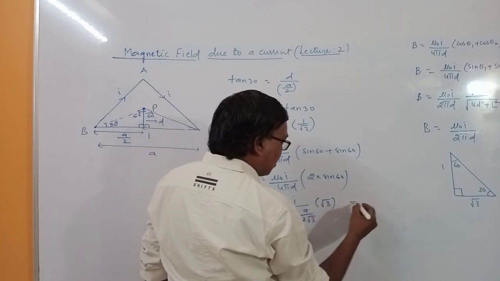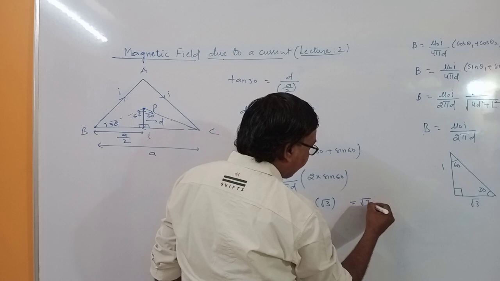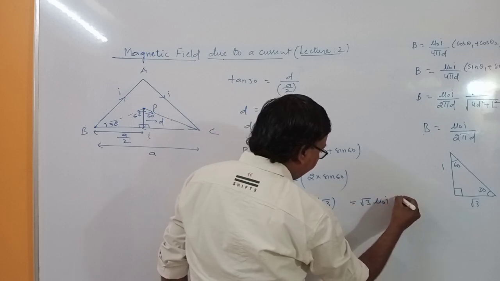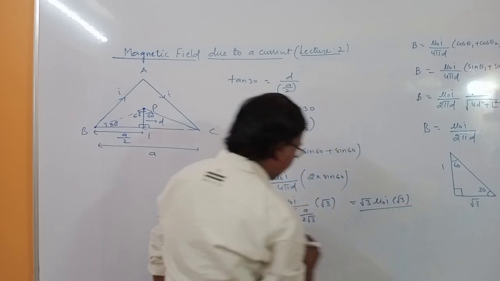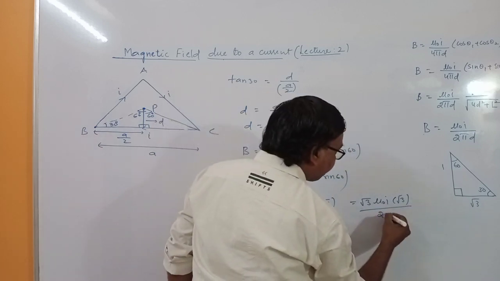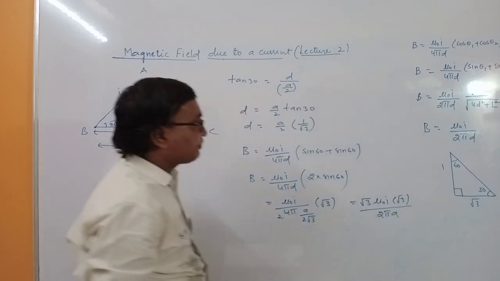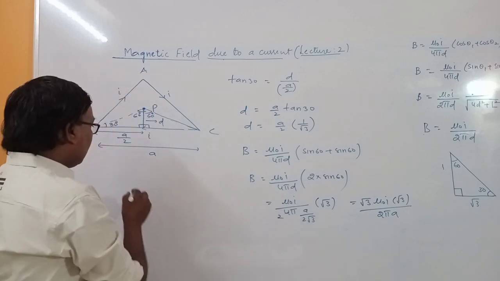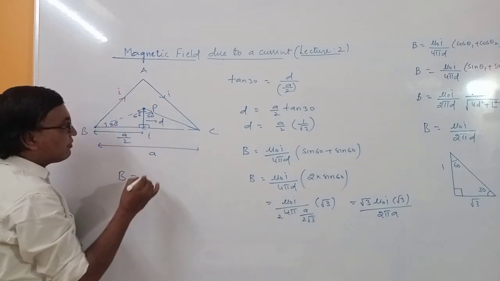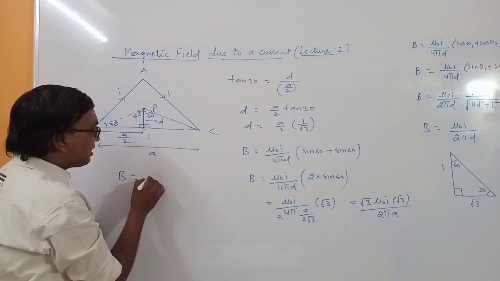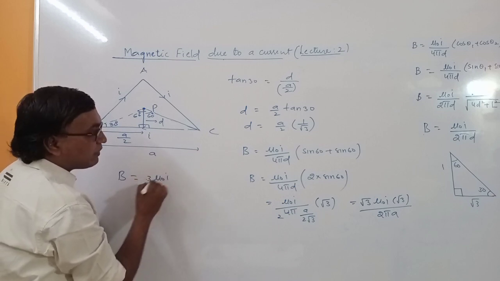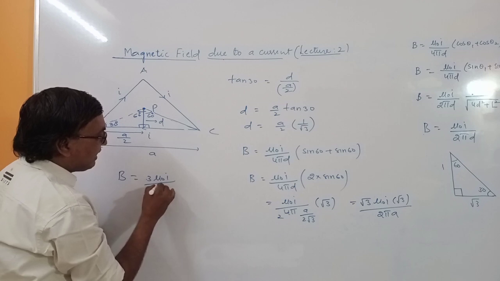So root 3 times root 3. So root 3 mu naught I into root 3 divided by 2 pi A. So B is equal to 3 mu naught I upon 2 pi A.